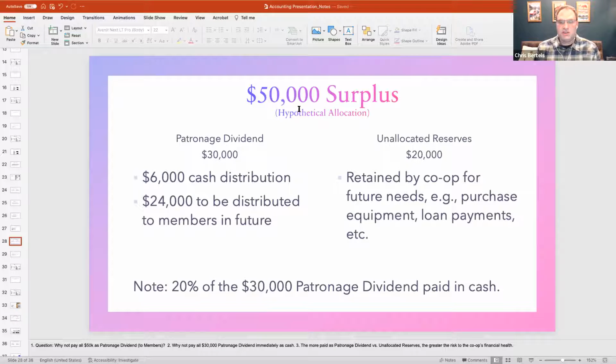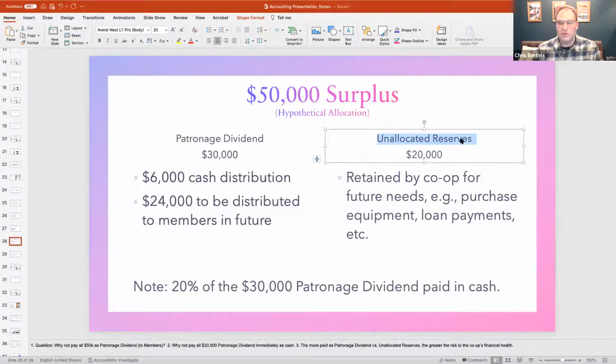This is just a hypothetical allocation or splitting of the $50,000 surplus. I just chose these numbers at random. There's no reason why 30,000 needs to be paid as a patronage dividend. It could be 50,000. And then the remaining 20% is allocated reserve.